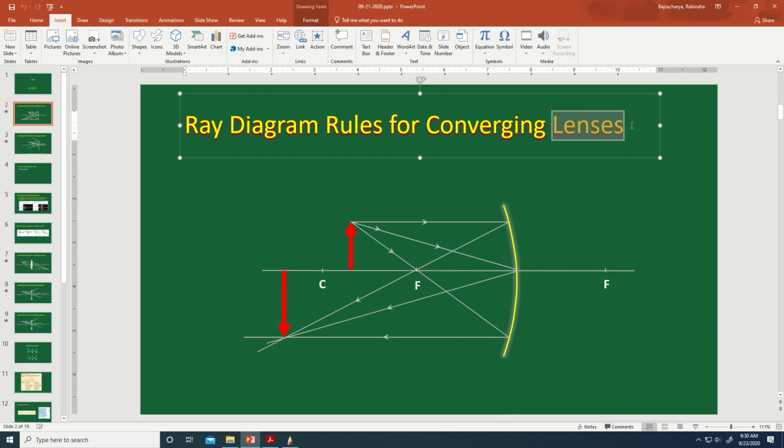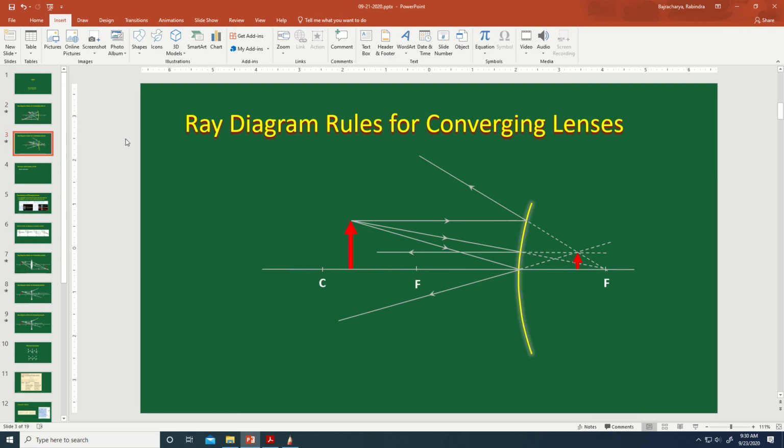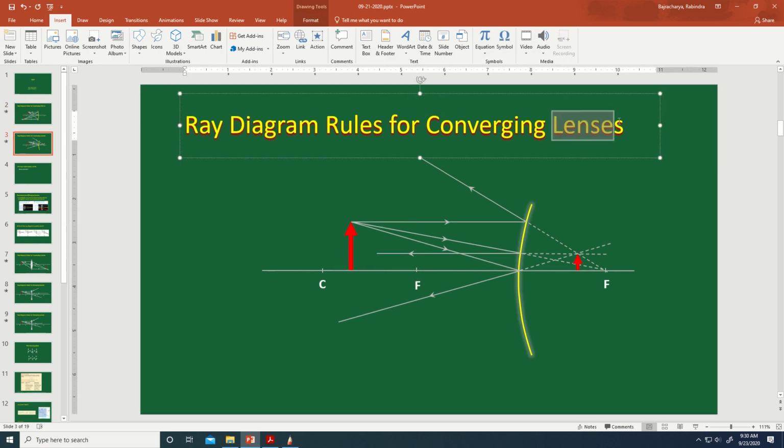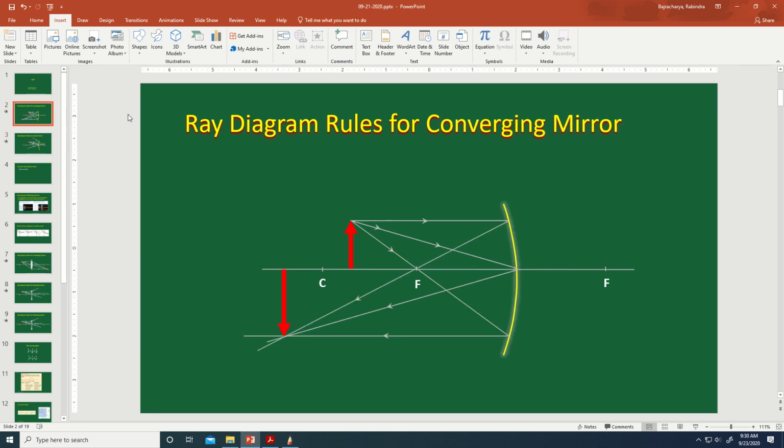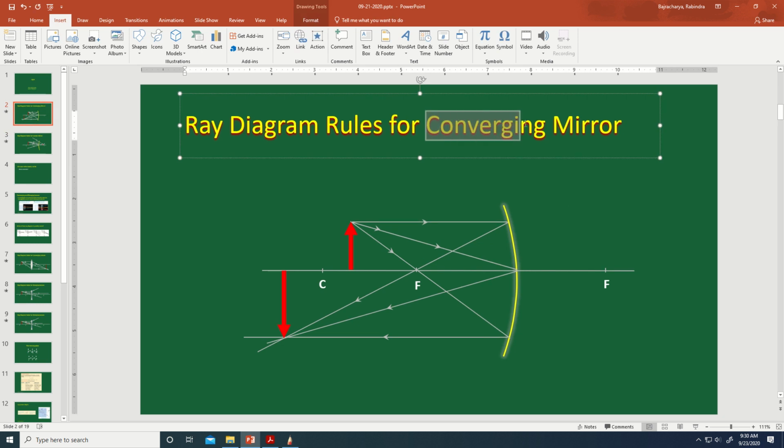The concave mirror. So this is a concave mirror.